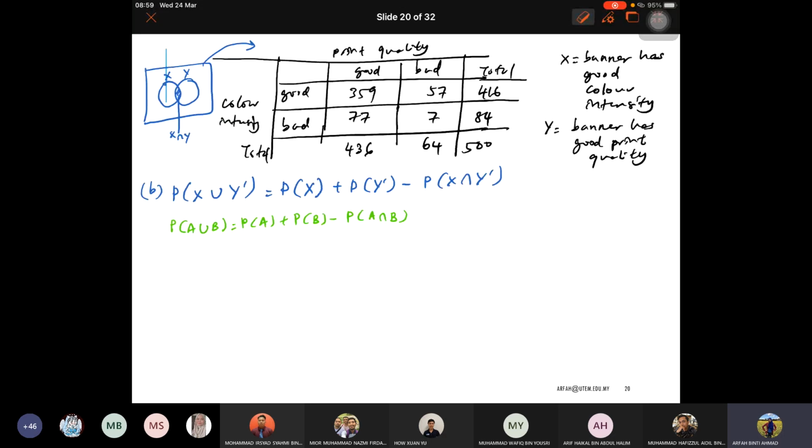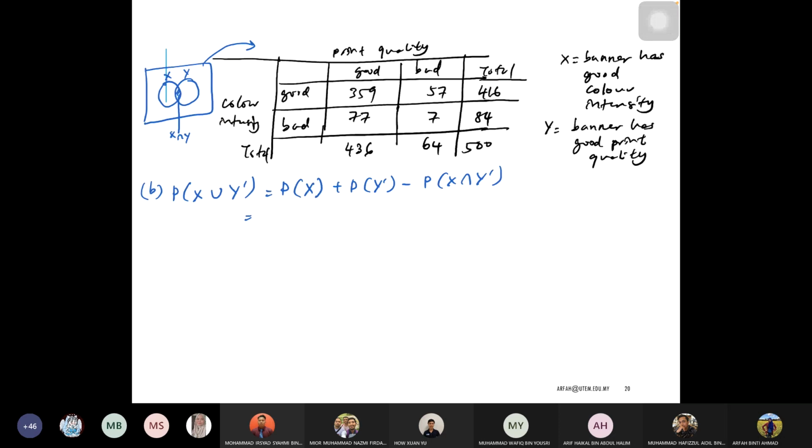Kebarangkalian bagi X berapa? Kebarangkalian satu banner has good color intensity. Probability of X. 416 salah. Tak lengkap jawapan awak. Berapa? 416 over 500. Baru betul. 416 over 500. Itu adalah kebarangkalian bagi X. Okay.